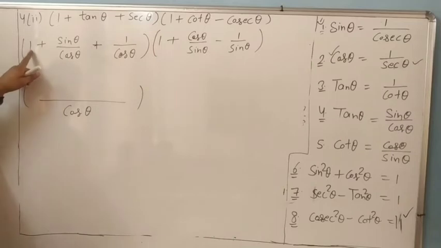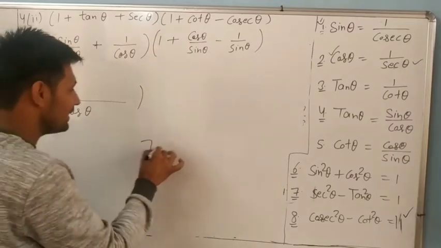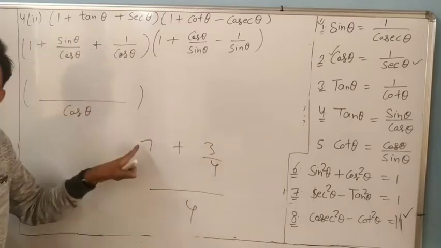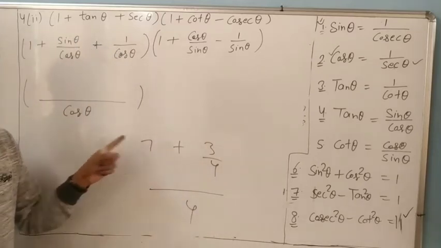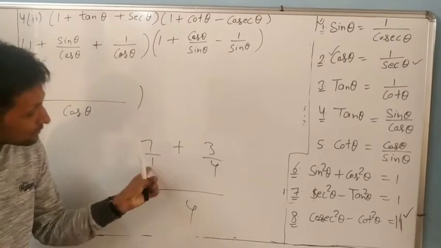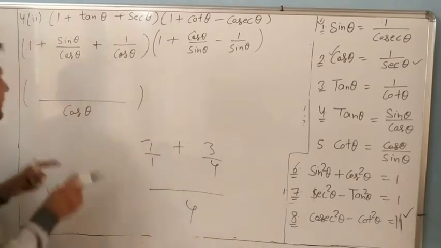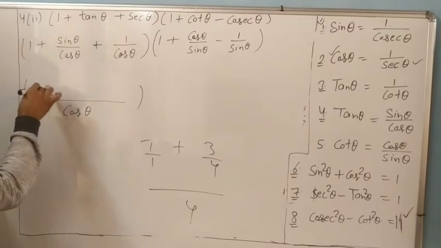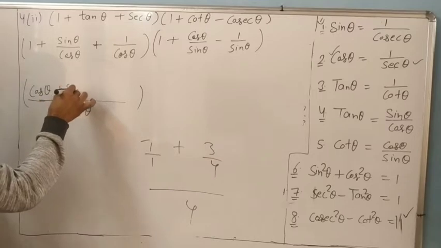Now it means whenever there is only a number and we take a fraction, for example 4, directly you can multiply it. 4 into 7, okay dear? Because it is 7 into 1, 4 divided by 1, again the same number. Cos theta into 1, cos theta plus sin theta.